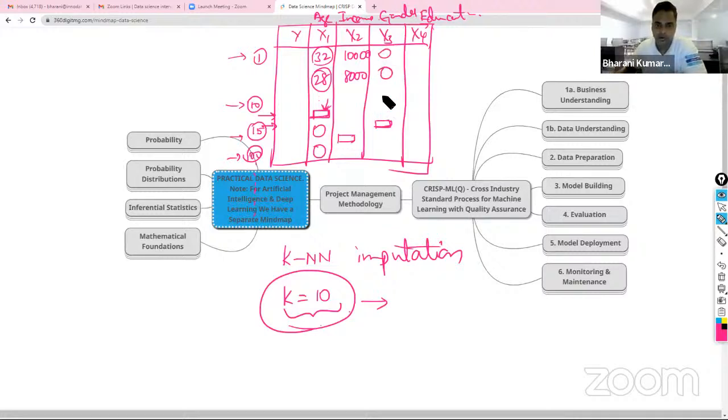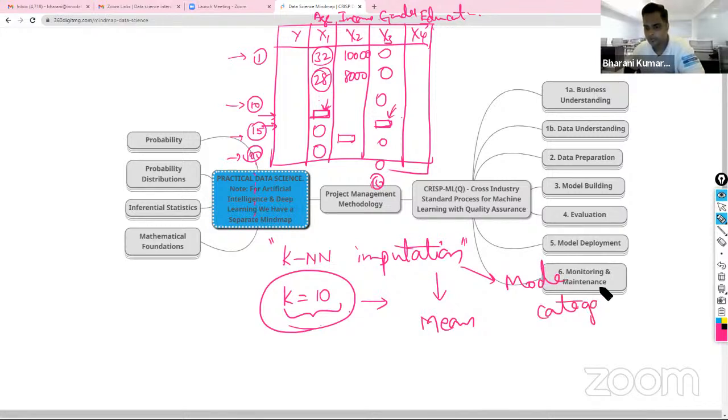Based on all those 10, you take the majority, that is the mode, and then perform the imputation. Simple. This is KNN imputation. It acts in a very similar fashion to mean or mode imputation: mode when you have categorical data, mean when you have numeric data.